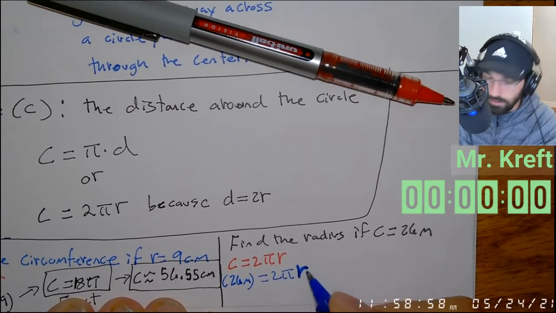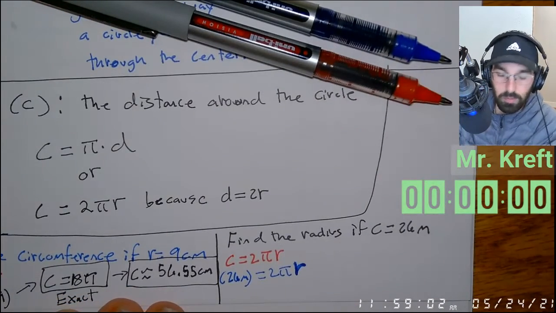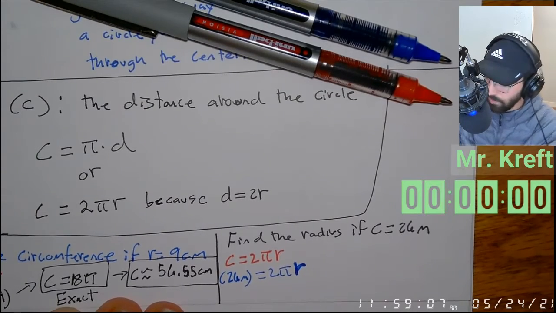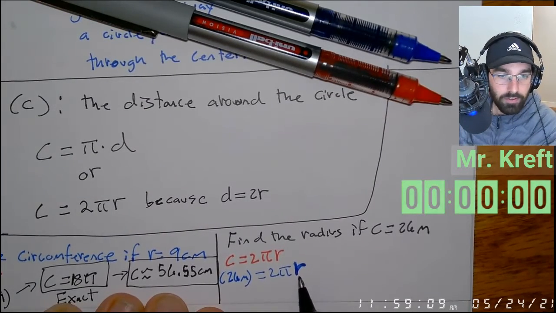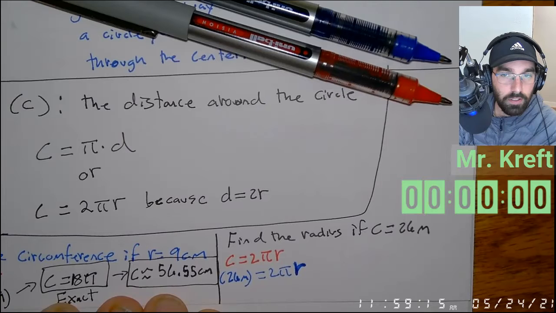Now, a lot of people get thrown off when we start using symbols, but you can't be thrown off because remember, algebra works regardless of what it looks like. So I need to get r by myself. So what do I have? I have 2 times pi times r. So it's all multiplication.